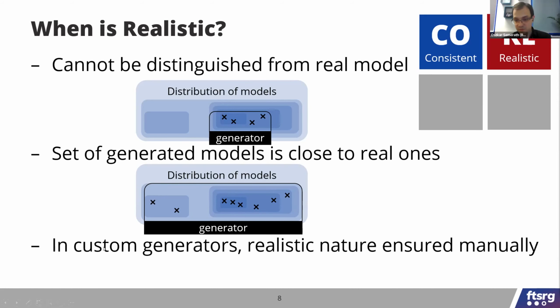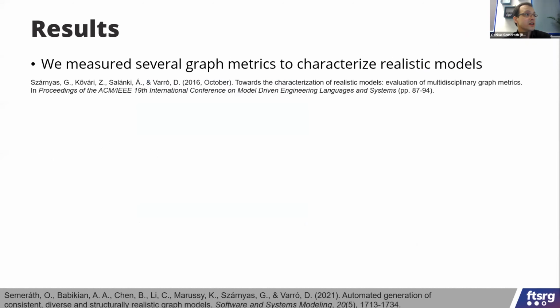In custom benchmark generators, this realistic nature is ensured manually, and our goal is to use a set of real models, learn the metrics from them, and try to imitate the generation of real models.